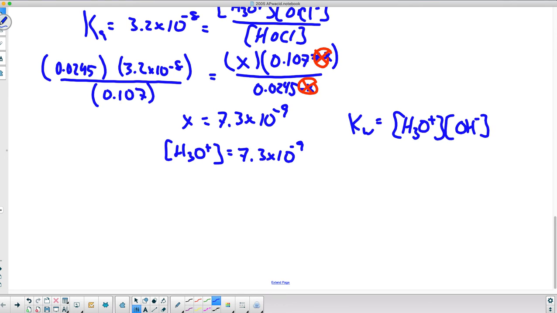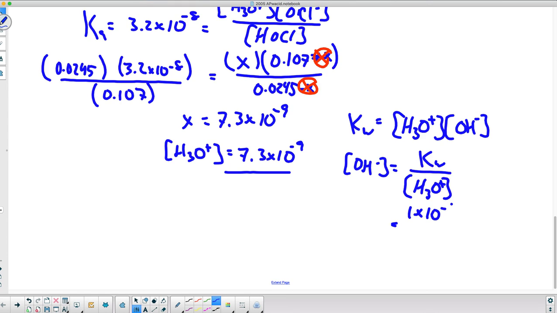And to solve for the hydroxide ion, the hydroxide ion equals Kw divided by the hydronium ion. So here I have one answer, that's the concentration of the hydronium ion. And over here, I have 1 times 10 to the negative 14th divided by 7.3 times 10 to the negative 9th equals.